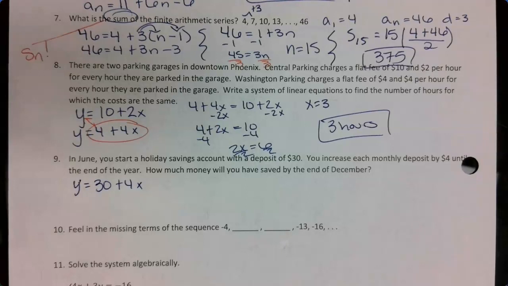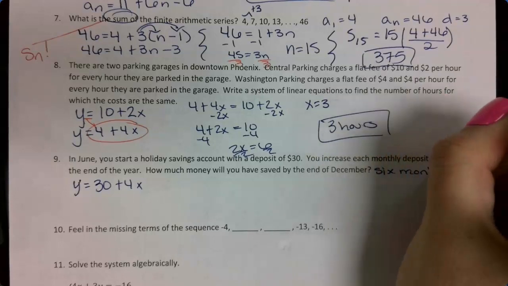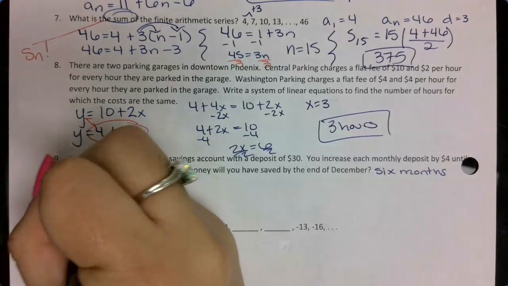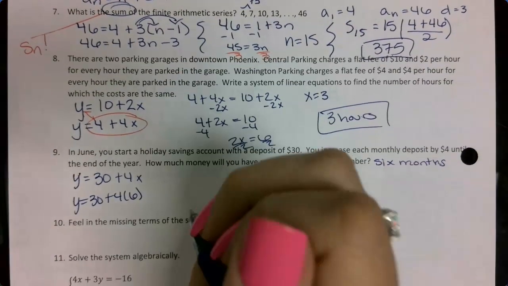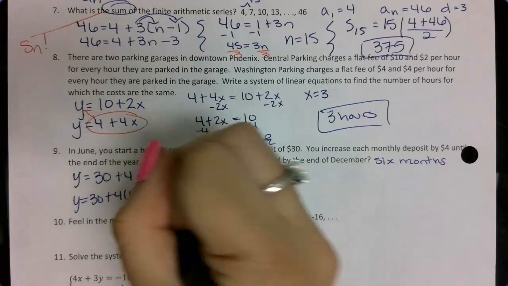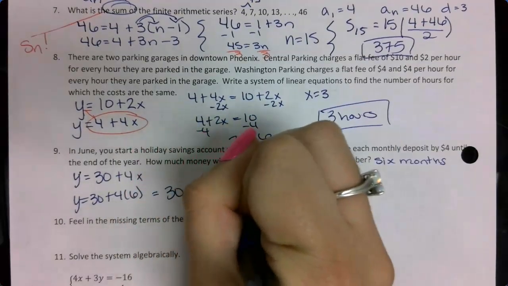It wants to know how much money I'll save by the end of December. This is 6 months. So I want to plug in 6. I'm going to have y equals 30 plus 4 times 6. 4 times 6 is 24, which gives me $54.